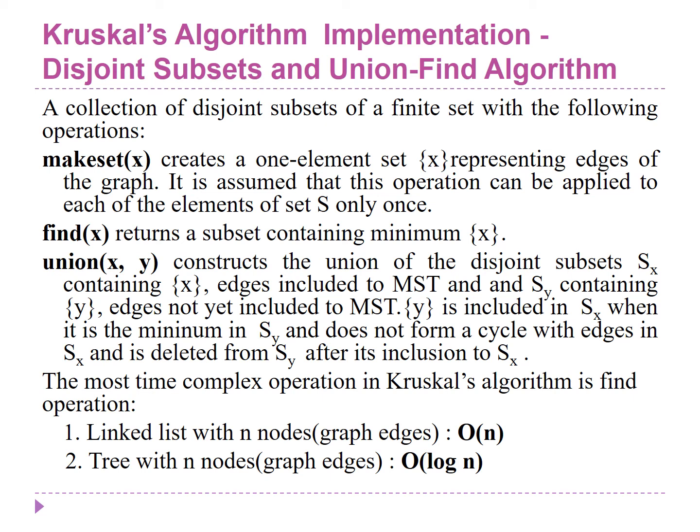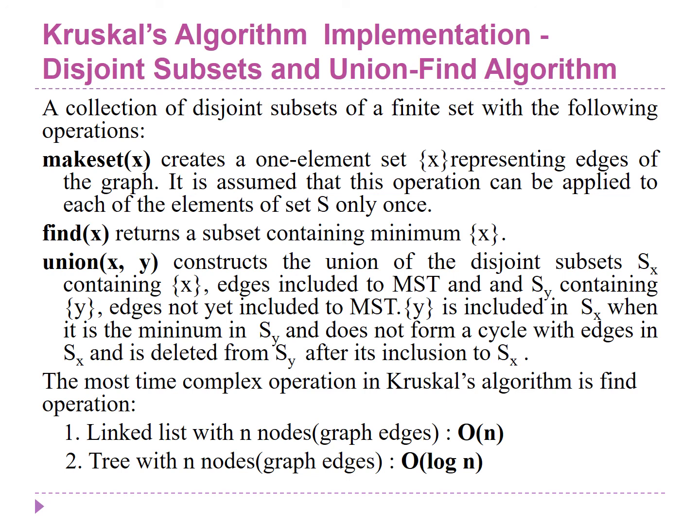The operation union constructs the union of the disjoint subsets Sx and Sy. Sx represents the edges included in the minimum spanning tree, and Sy represents the edges not yet included in the minimum spanning tree.